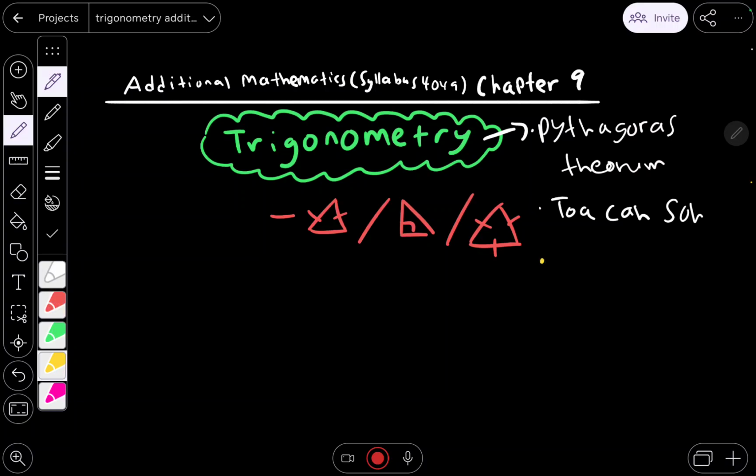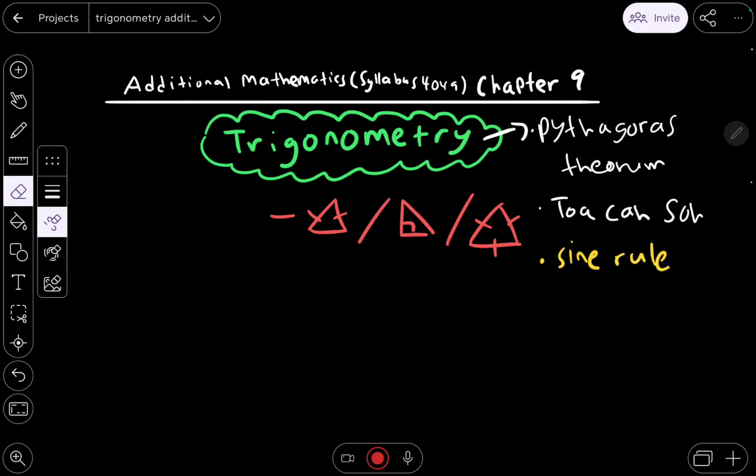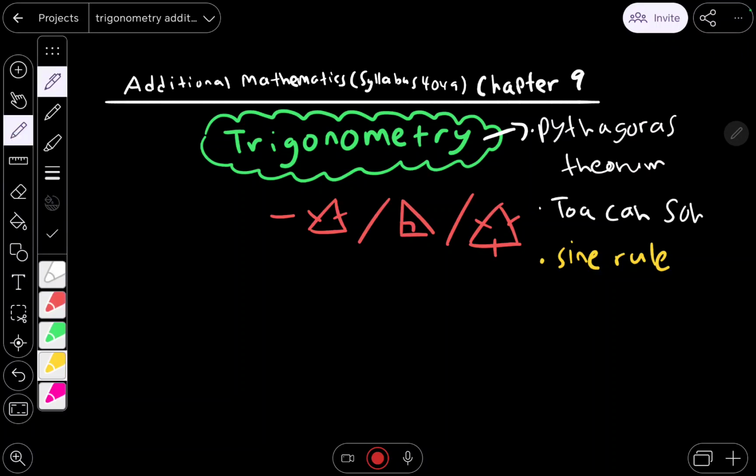We have learned sine rule. What else other than sine rule? Cosine rule.